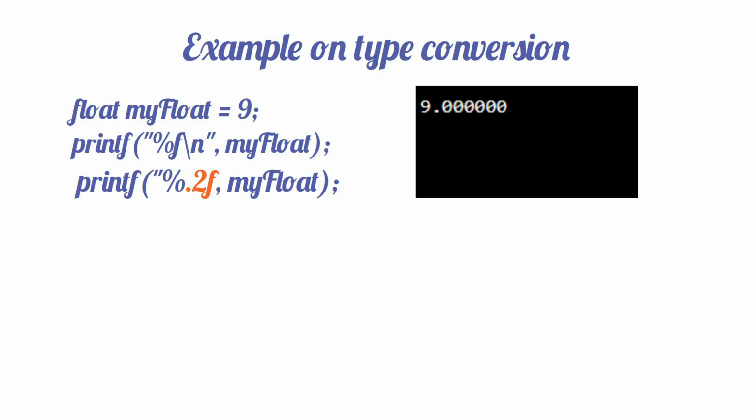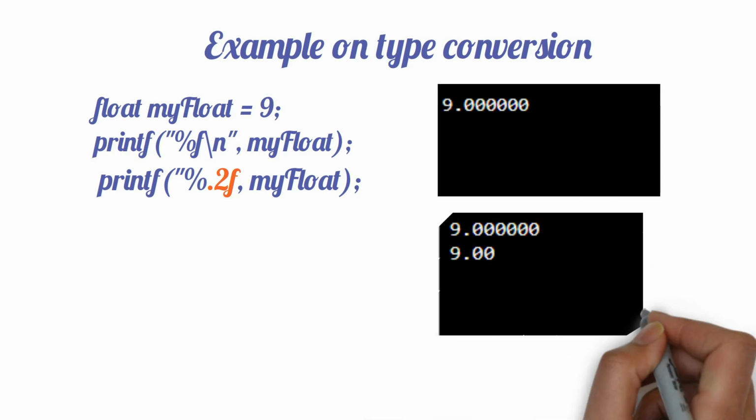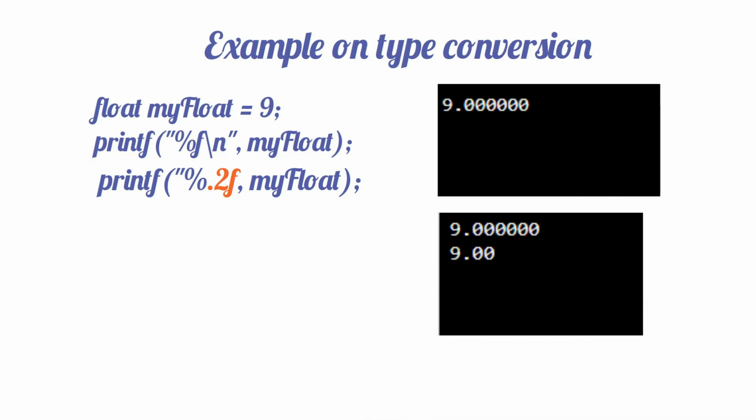Now, .2f symbolizes that after the decimal point I want 2 digits, comma, the variable name, that is my float. And if I run this, you can see the difference between the previous line of code and the next line of code.